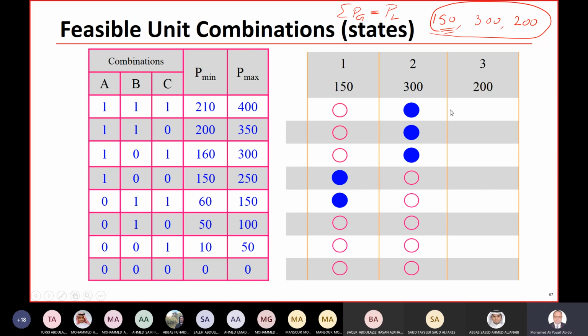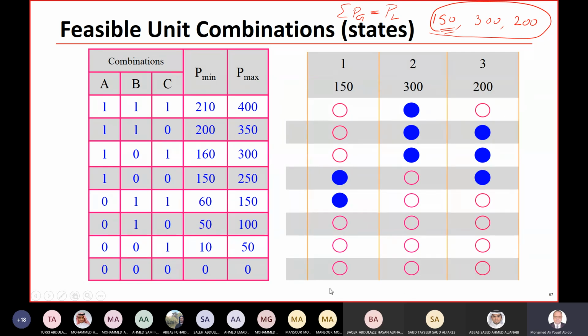Okay, so for the third period, 200, you have this unfeasible, and this is no, 200, we can't. And this is 200, so it is higher. So this is unfeasible. This is feasible. This is feasible. And this is also feasible. And the remaining are unfeasible solutions. So for the third period, we have these feasible combinations, and the remaining are unfeasible combinations.